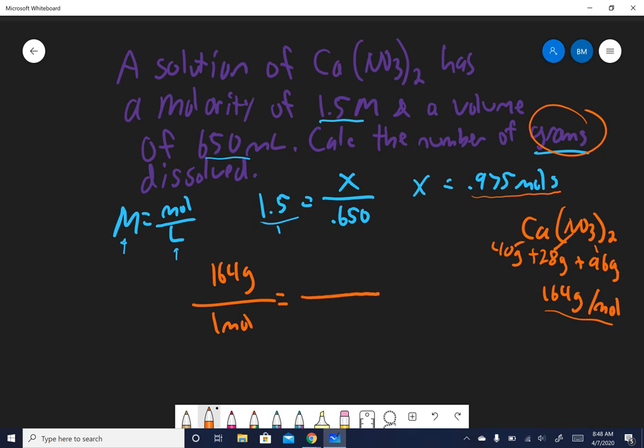So how many grams are in 0.975 moles? X equals, we just cross multiply. So 164 times 0.975, and I get 159.9 grams.